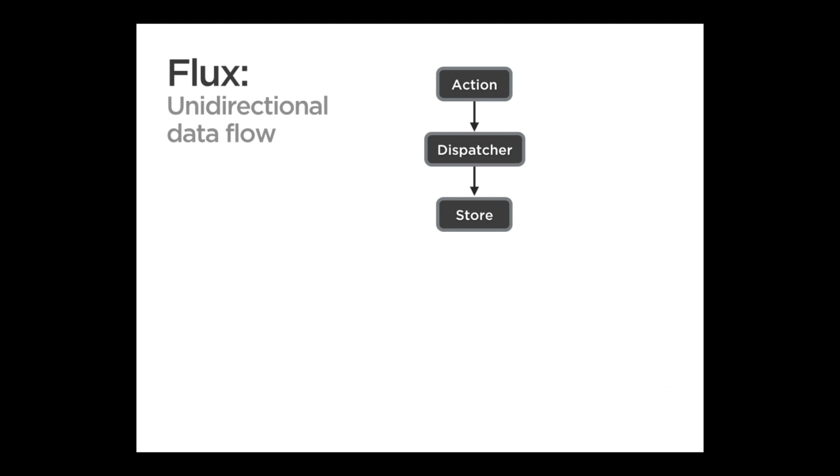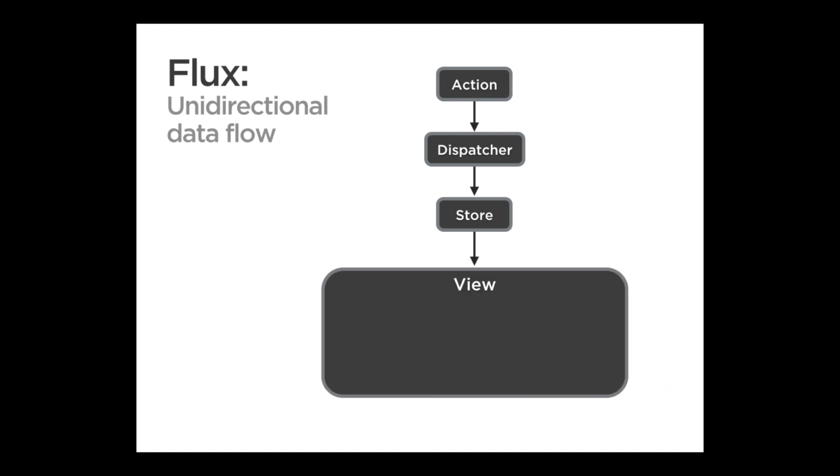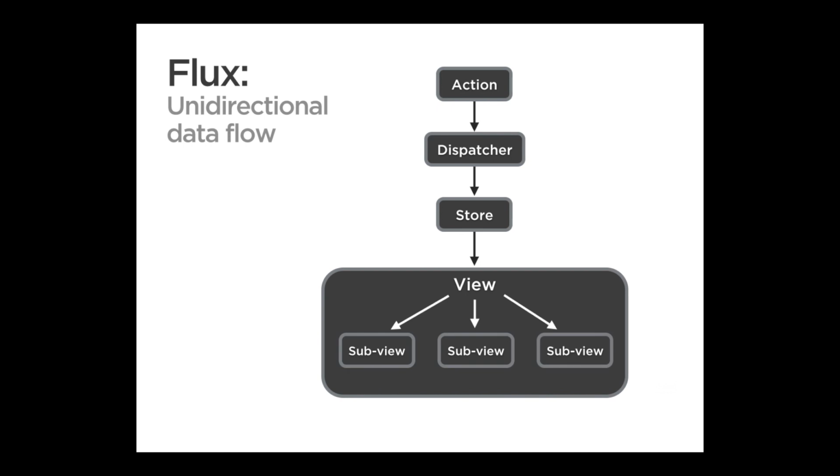Stores are basically responsible for holding the state of your application client side. Then whenever new data is fed to the stores or any data changes, that data is automatically pushed to views. Each view is responsible for rendering itself and then passing down data potentially to its child views or subviews, which would then render themselves.